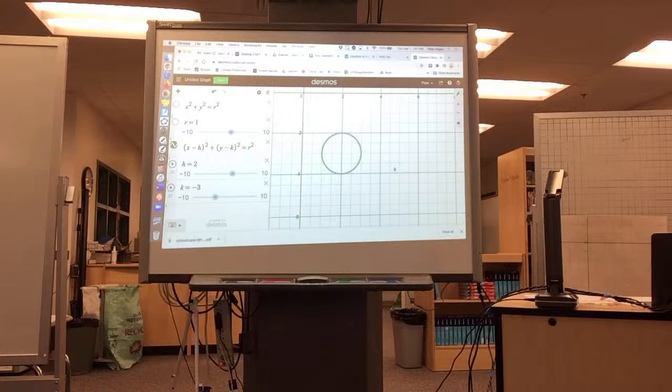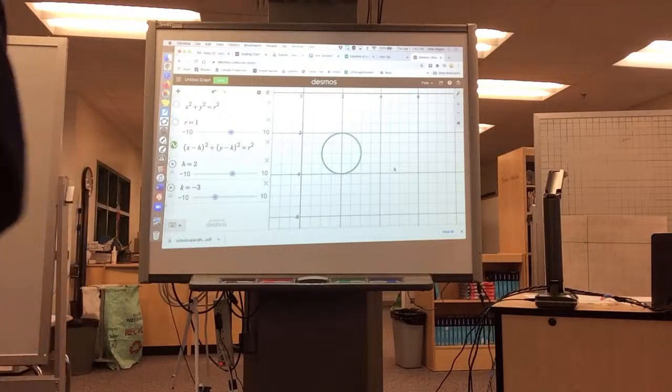So if you change your h and your k value to 2 and -3, where does the center of the circle end up? 2, -3. So in this form of the equation, where we throw h and k into the mix, h and k tell us where the center of our circle is.